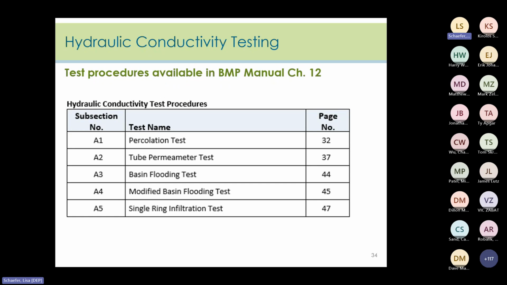So as a result, the cased borehole infiltration test has been removed from Chapter 12. For the double ring infiltrometer, well permeameter, or other permitted testing methods, you may obtain them from the American Society for Testing and Materials or the organization that is publishing the test method.